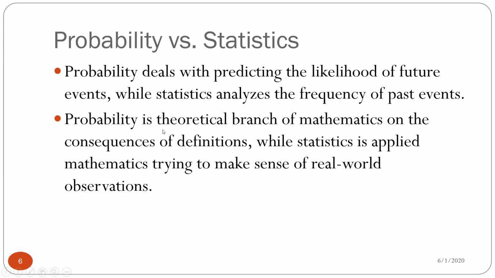Probability is a theoretical branch of mathematics, whereas statistics is an applied branch of mathematics. So that's another difference. It's good if you remember these things, because we often confuse probability and statistics, and that is very, very common. Even the experts do it.